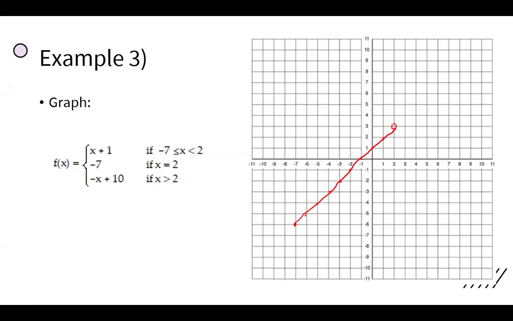It was just a point. And then I'm going to do my last interval. And we were at 2. It's an open circle at 2, 8. And then we're going down, down, down. This one is an arrow going forever.